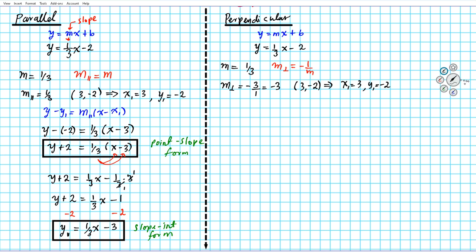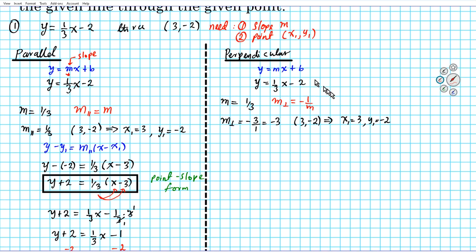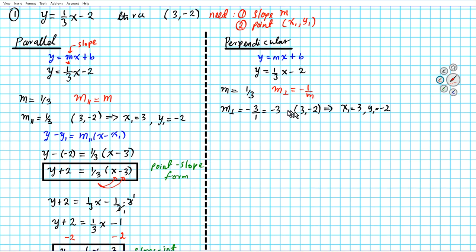Okay, so now we have all the things that we need. Remember the two things that we talked about, just a slope and a point. So we're going to plug them all into the equation y minus y1 equals m times x minus x1. In this case, we're looking at m perpendicular, right? So let's substitute.